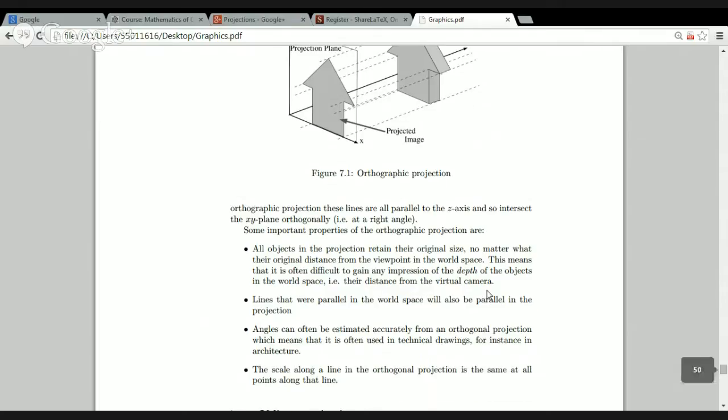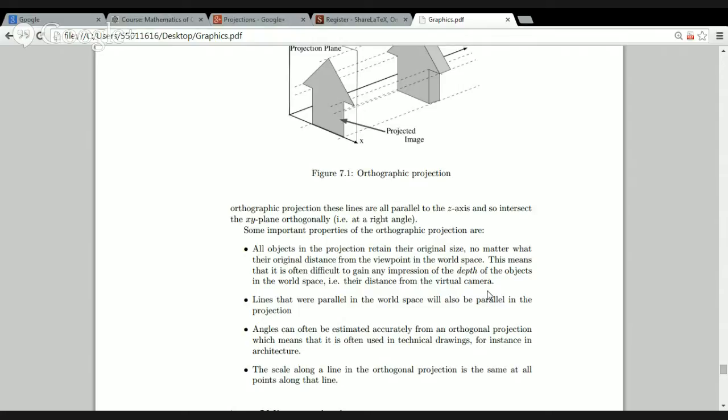So we lose the information about depth. Okay, things that are far away from the camera and things that are near to the camera are projected in the same way onto the plane. So that's a disadvantage if your aim is to create a realistic looking scene, to create the illusion of a three-dimensional scene, that you're actually looking at the scene, okay?